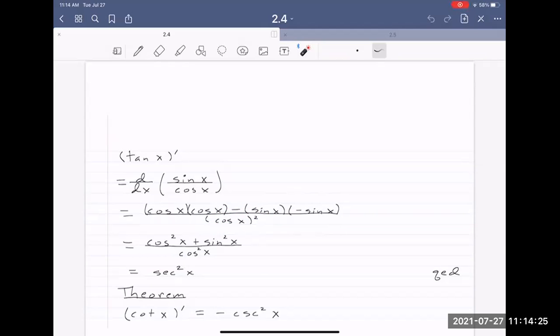Well, I have cosine squared x, minus and a minus become a plus, sine squared x, but cosine squared x plus sine squared x is 1. 1 over cosine squared of x is secant squared of x. And that's what I wanted to show.